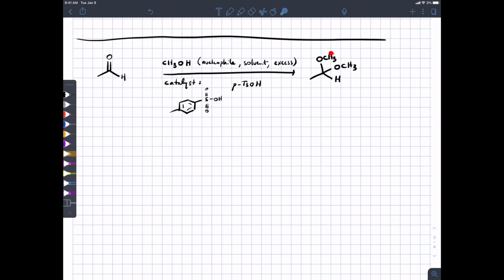We're going to have two methoxy groups attached to the same carbon. And this functional group is called an acetal. And we'll talk more about it later, but you see similar functional groups in carbohydrates. And so understanding how these form is going to be useful to us later on as we consider carbohydrate structure.